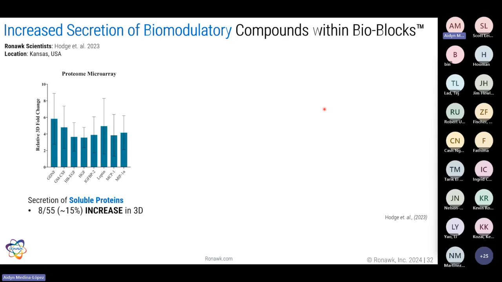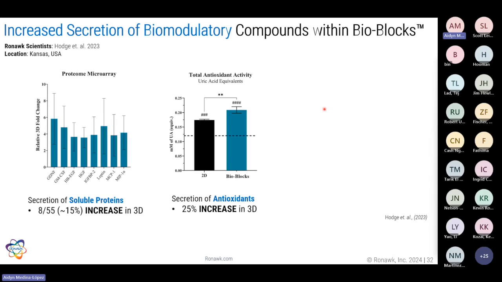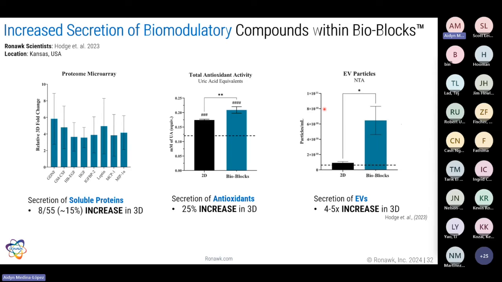And what we're going to focus on here is that secretome. And what we saw is that while seeding cells in the bioblock, you have a 15% increase in soluble protein secretion, a 25% increase in the secretion of antioxidants, and a 4 to 5 times increase in secretion of extracellular vesicles right there.